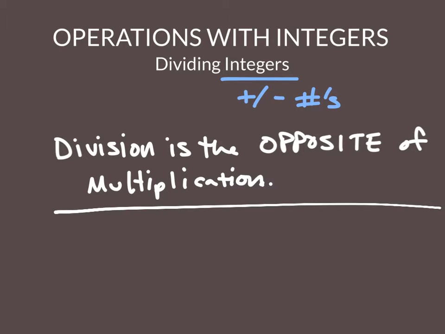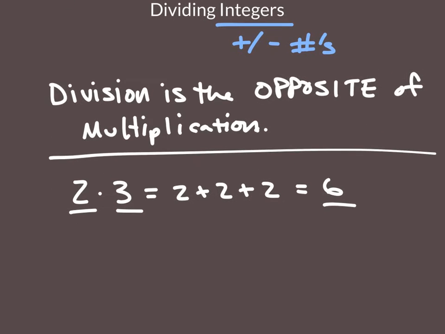I'm going to use 2 times 3, okay? And remember that when we did multiplication, that was just repeated addition, so I'm adding 2 three times to give me a value of 6. So 2 times 3 gives me 6. Now, if I were to go backwards and say 6 divided by 3 is equal to what?